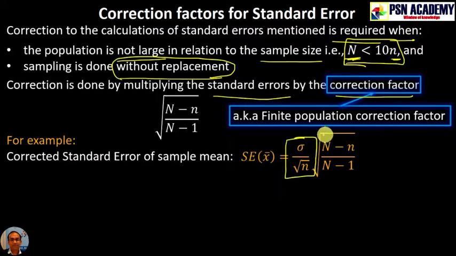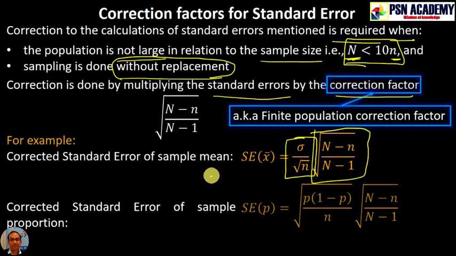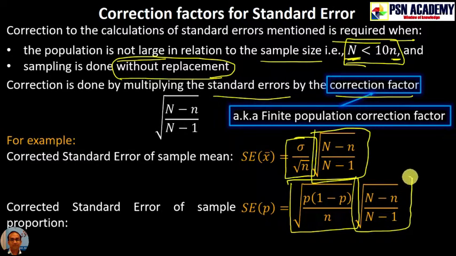You just multiply this with this correction factor and you get the corrected standard error for the sample mean. Similarly, for sample proportion, we had this formula. Now, for correction, just multiply that previously calculated value with this correction factor, and you will get the corrected standard error. Clear? So, you apply this to other calculations also.